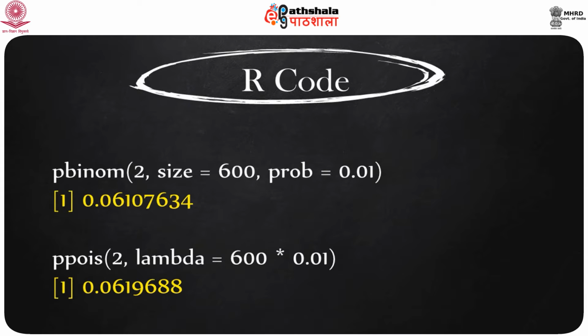Using the binomial code, we have the cumulative probability 0.06107634, the one we have given here, and using the Poisson code we have 0.0619688. These two are approximately the same, as is pretty obvious from the output. We can just tell this after looking at it.